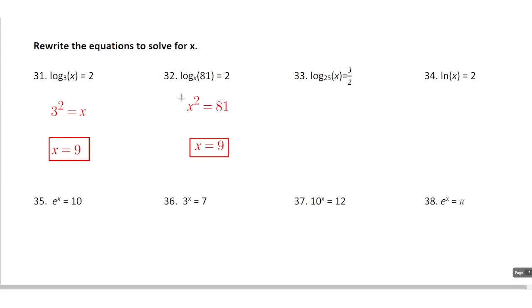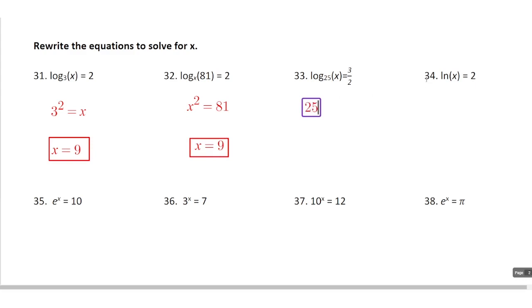That goes back to the definition of a logarithm. A logarithm is the inverse of an exponential function, and by definition, exponential functions cannot have negative bases. So you can't have negative bases on these logarithms either. So we're going to disregard the negative 9 solution here and chalk it up to being extraneous, and we'll just go with the positive 9.